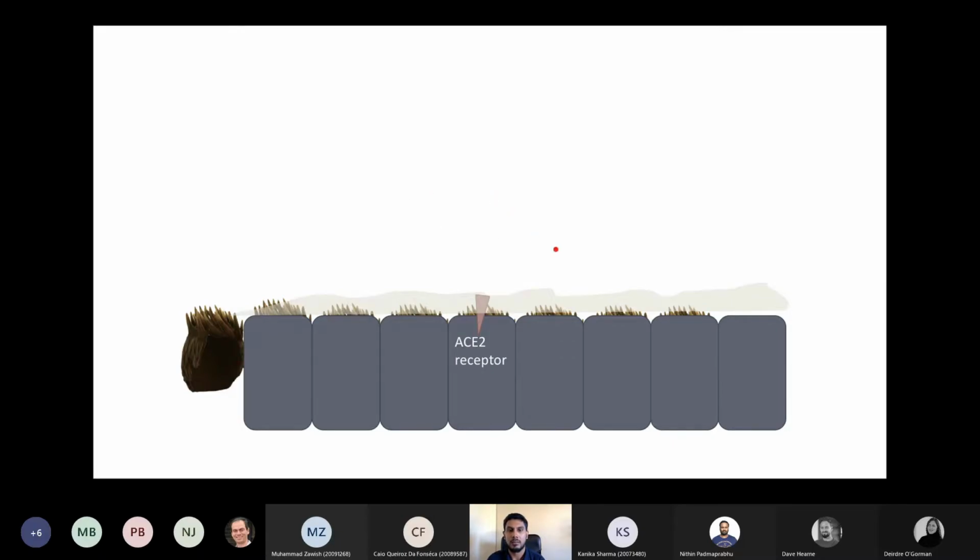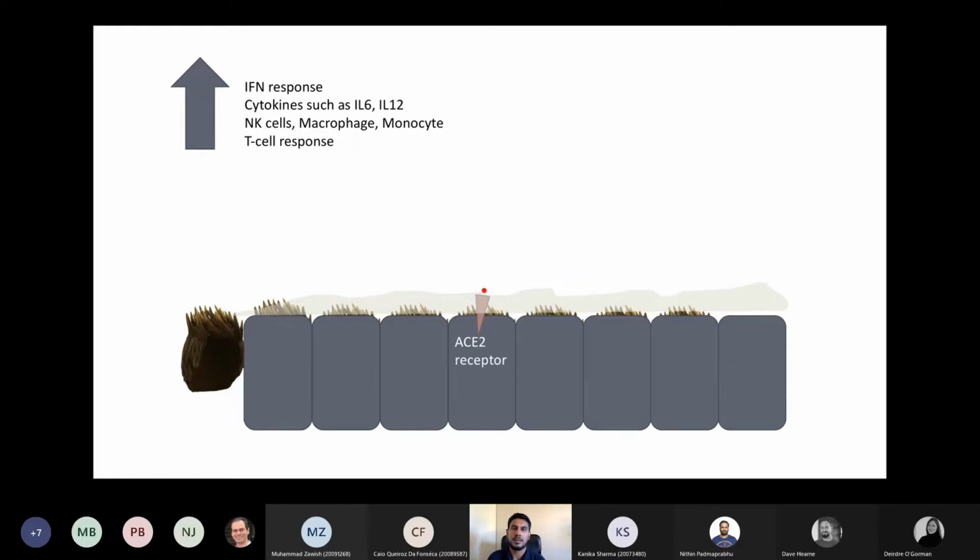So it comes and binds with the ACE2 receptor and then enters into our cell. Once it binds, our immune system recognizes that there's an unrecognized cell, and it starts fighting against the virus.